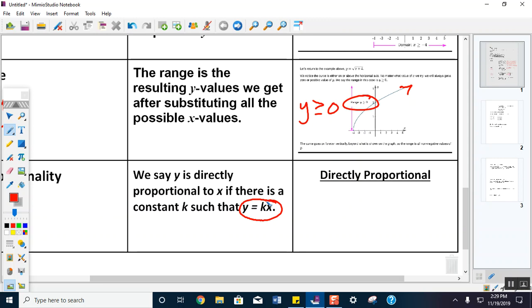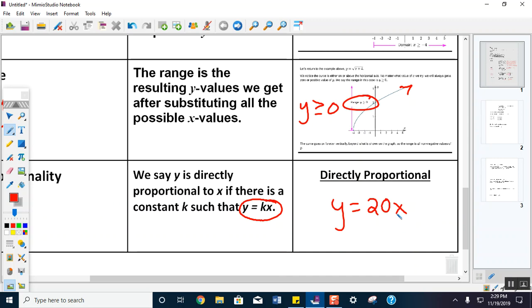So you might see something like this. y equals, I don't know, let's just pick on 20 today, 20x. Okay, that's an example of an equation that's directly proportional. An example might be the amount of money I make in a day is equal to $20 per hour times the number of hours I work. Okay? That might be an example. But in this form right here, this is something that's directly proportional.